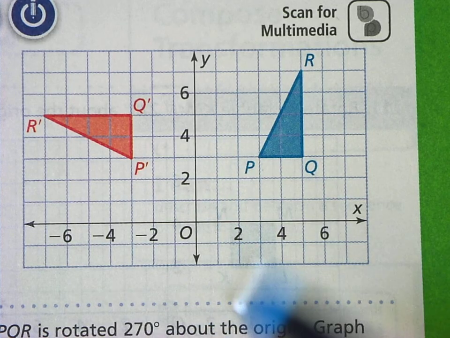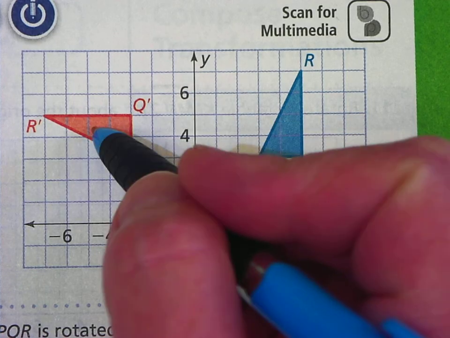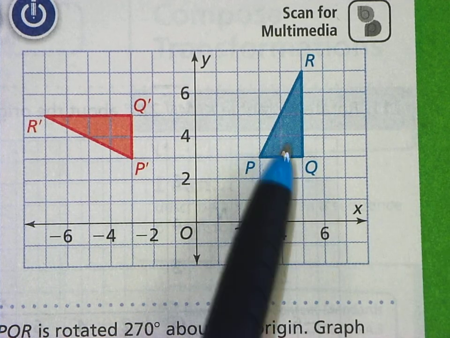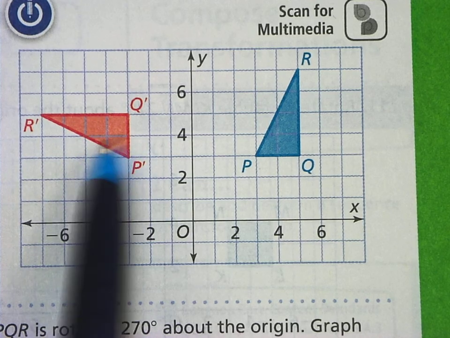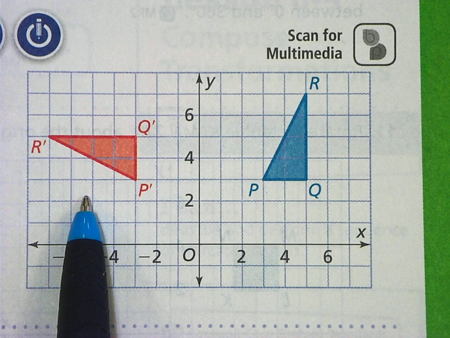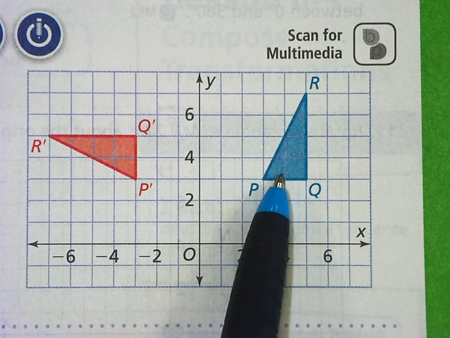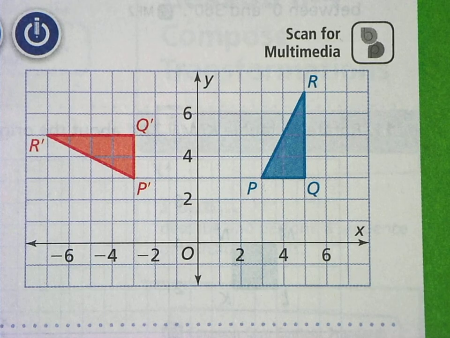Okay, so it looks like we might be able to turn one turn. If we start with the blue one and we make one turn counterclockwise to the left, that would be 90 degrees counterclockwise. Well, let's check it.